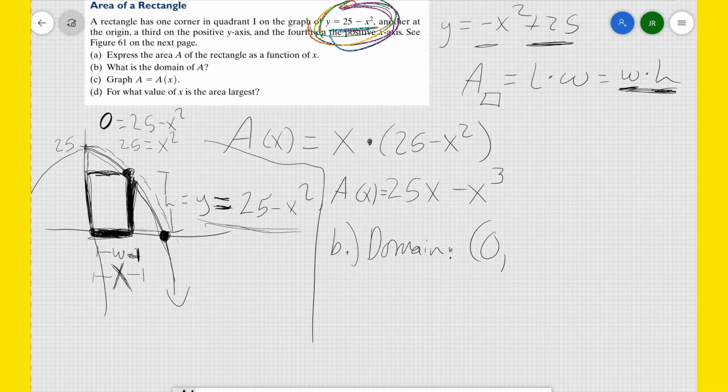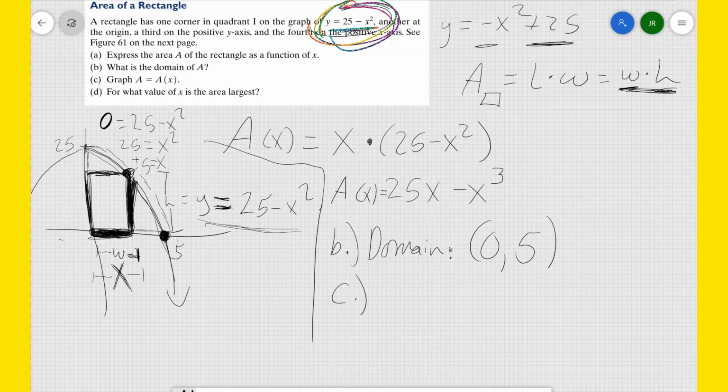Then take the square root and you get x equals plus or minus 5. Well, this is 5, and over on the left side I've got negative 5. I don't care about that because I only care about the first quadrant here. So the domain means that x can go from 0 to 5 to satisfy the conditions of this problem, where this rectangle is located in the first quadrant somewhere inside of this parabola.